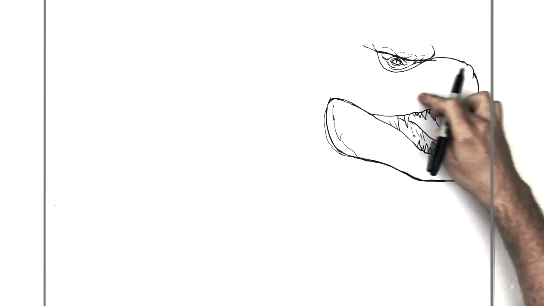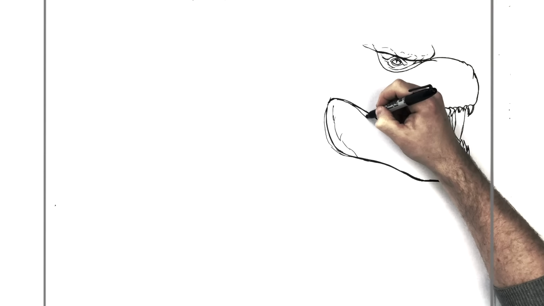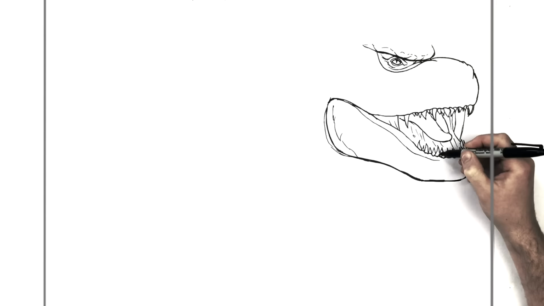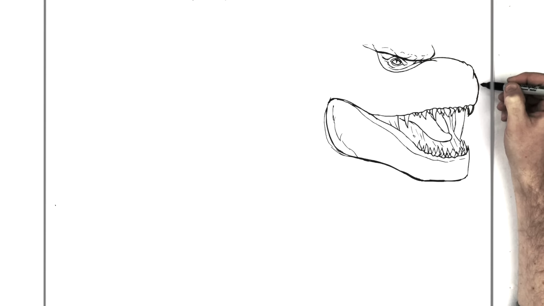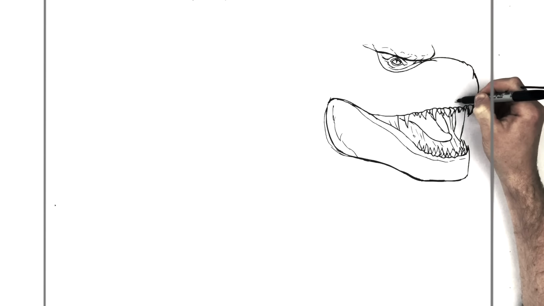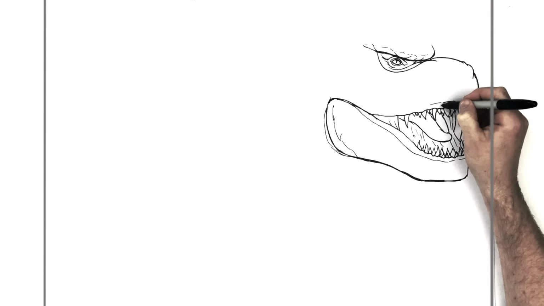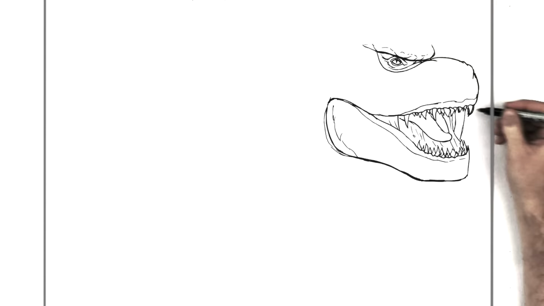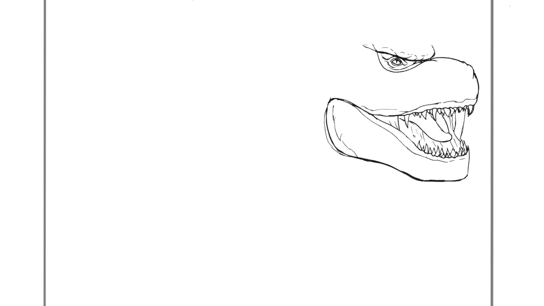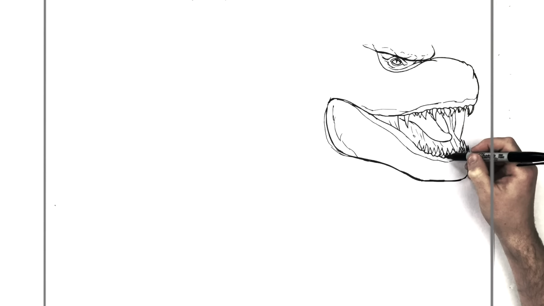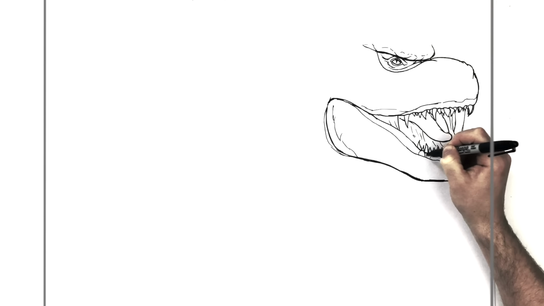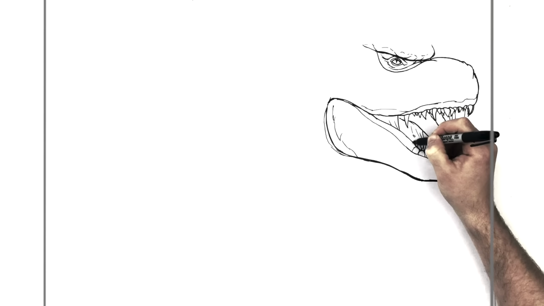And then more lines, just details around his mouth, right? So some stuff like this, like a gum line sort of thing, just here. Same on the top up here as well, just coming down around his mouth. This kind of stuff, and you might be able to add some lizard-like lines like so.